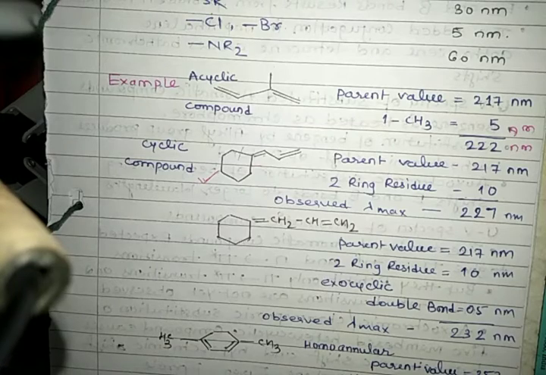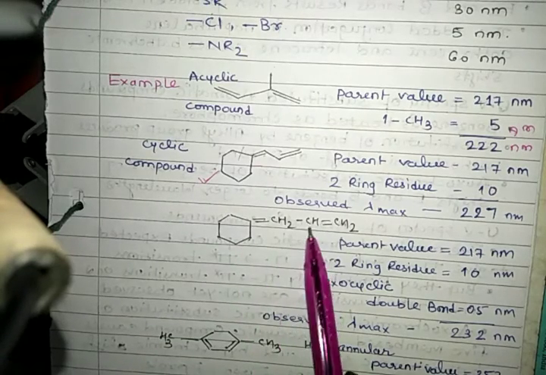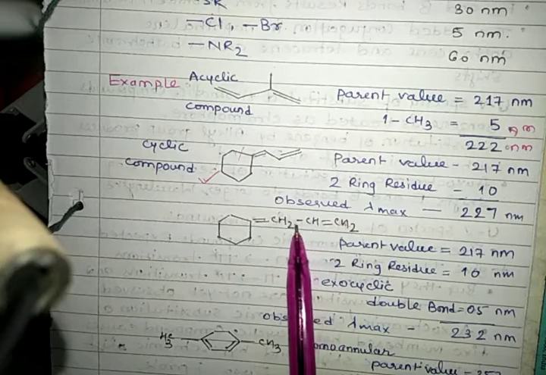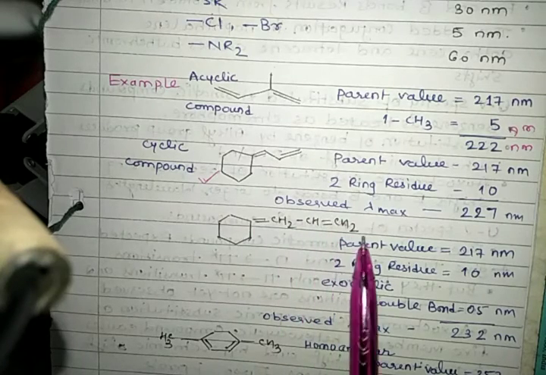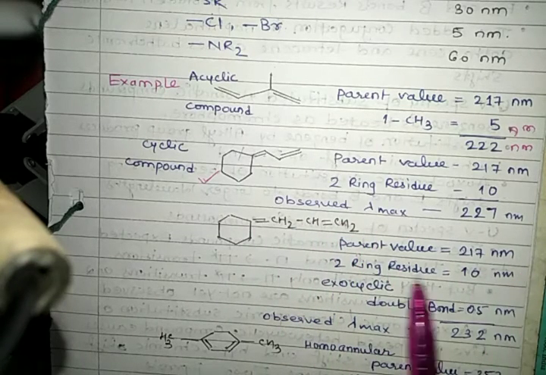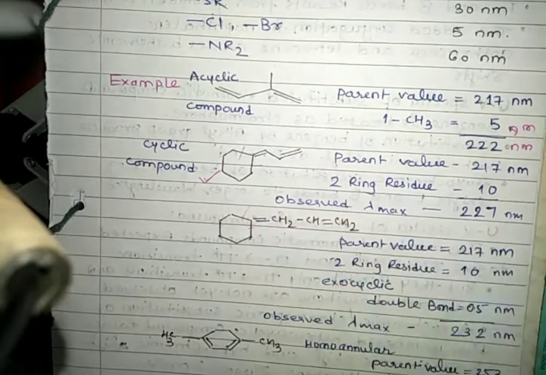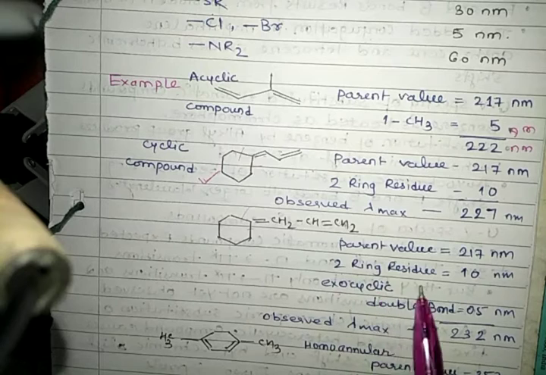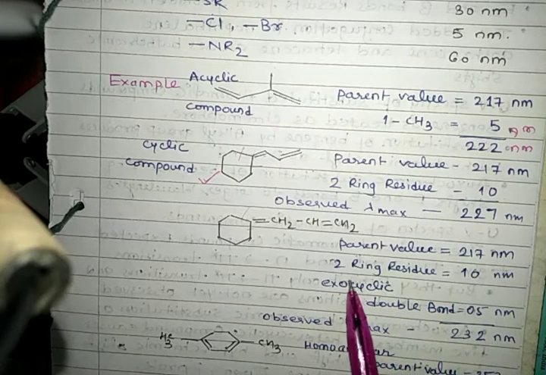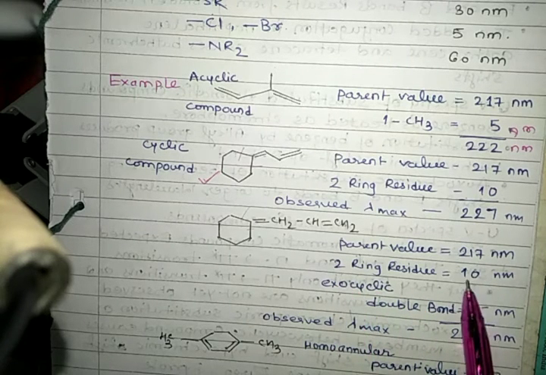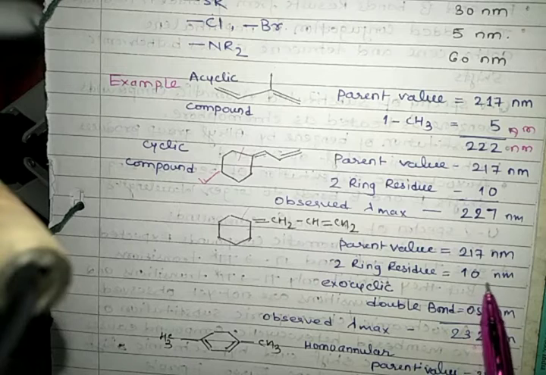Our another example is this. This is also a conjugated diene, an acyclic diene. So parent value is 217 nanometer, and there are also two ring residues. For one we take 5 nanometer, for 2 into 5 we get 10 nanometer.